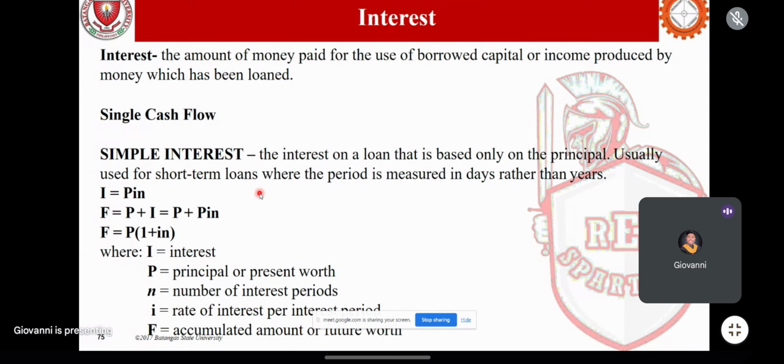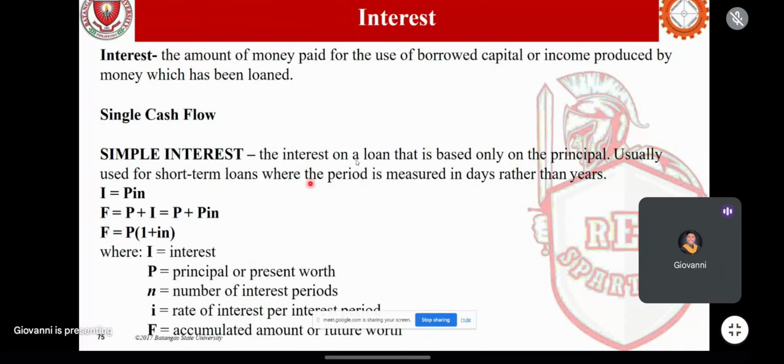Simple interest is the interest on a loan that is based only on the principal, usually used for short-term loans where the period is measured in days rather than in years. Sabi nga for simple interest, ang computation natin ay hindi naka-years. Ang consideration natin is into days. So we have to convert yung ating values into days.